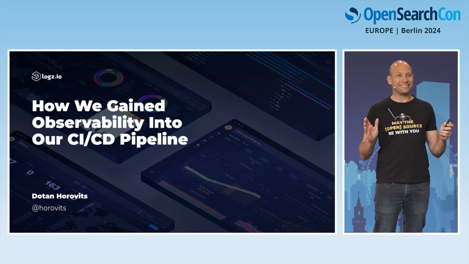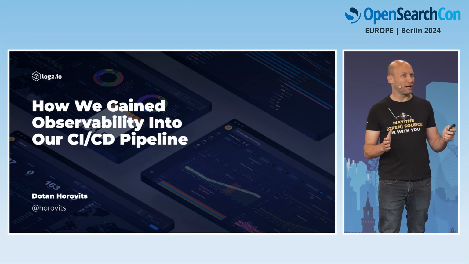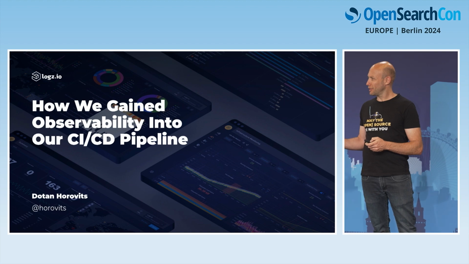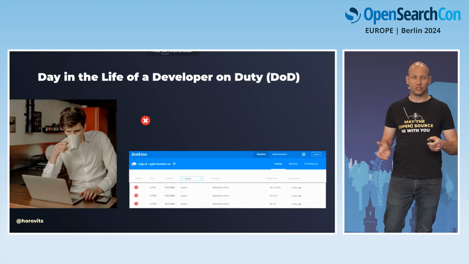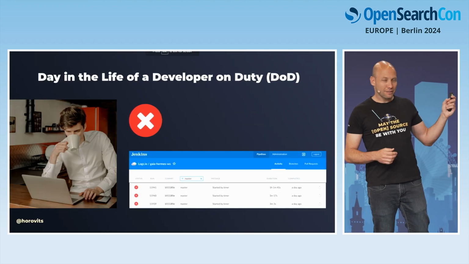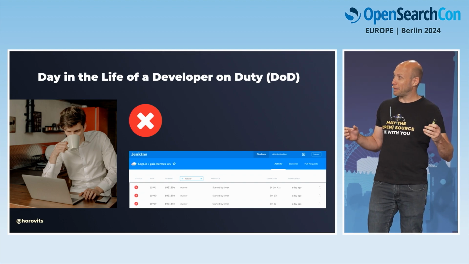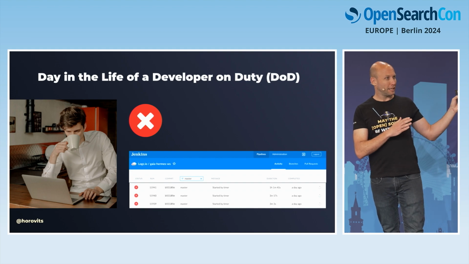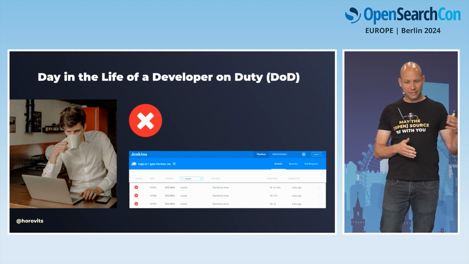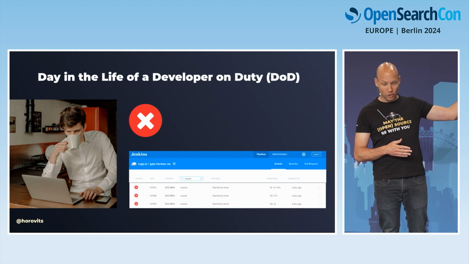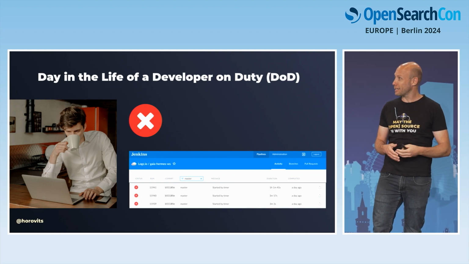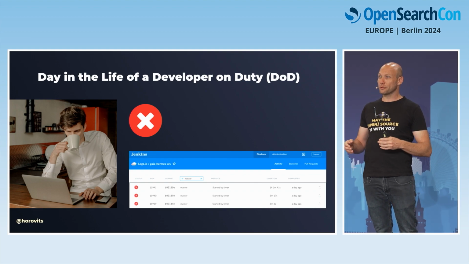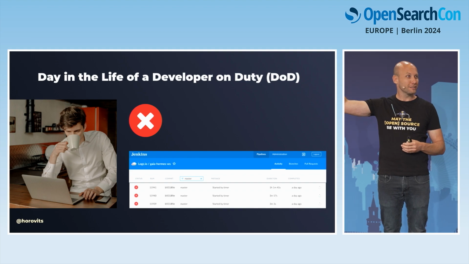Let's start with a day in the life of a developer on duty, or an on-call engineer. That's what it used to be like back in the day with us at Logz.io. The developer on duty, first thing in the morning, starts the day by going over the Jenkins pipelines. Who works with Jenkins in this room, with a show of hands?